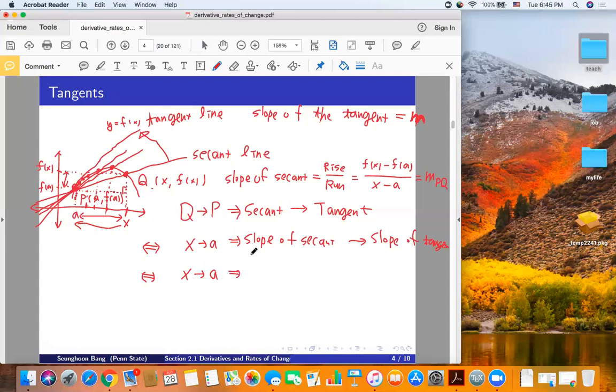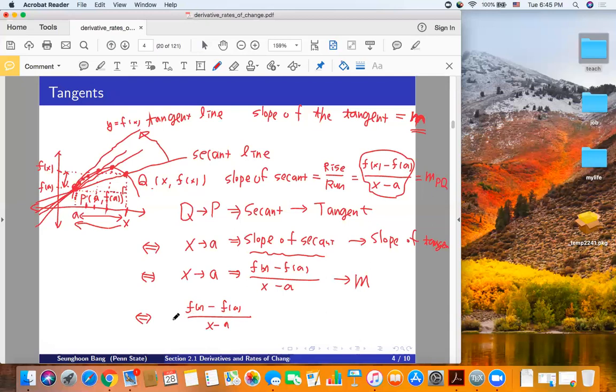The slope of the secant line is here: f of x minus f of a over x minus a. It approaches the slope of the tangent line, with notation m. This is the whole idea. So I can change this to mathematical notation. f of x minus f of a over x minus a approaches m.